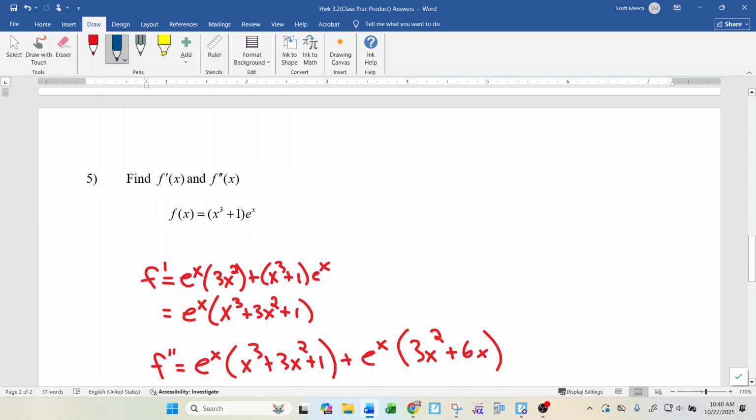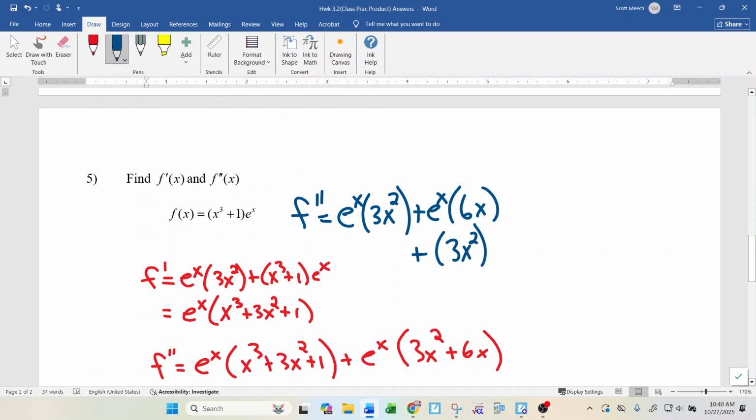If I did product rule up here, I would have e to the x times 3x squared plus e to the x plus 6x plus 3x squared times e to the x plus x cubed plus 1 times e to the x. See how you would have 4 parts there?